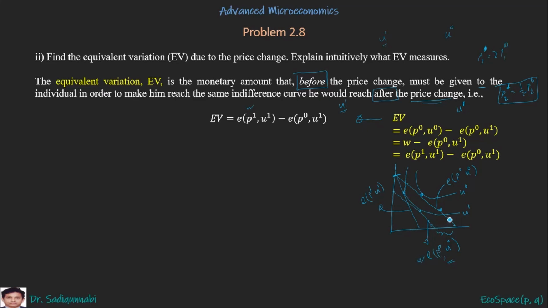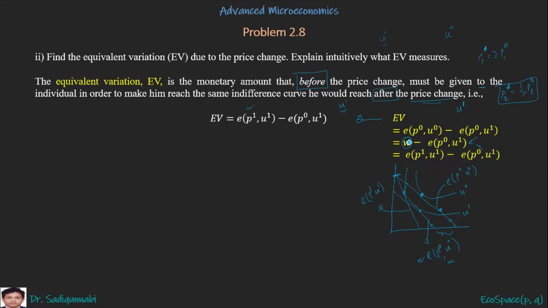And because our wealth remains the same for E(P0, U0) and E(P1, U1), so this is W and that remains the same. So if we simplify, then we get this equation.